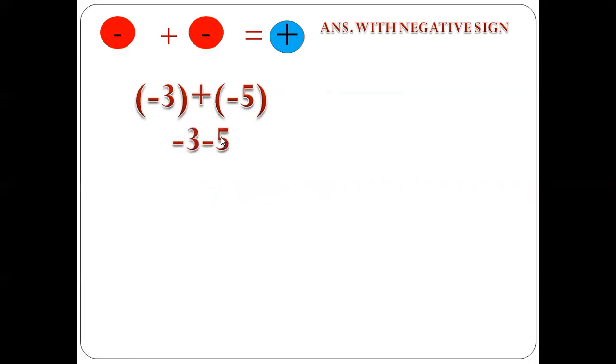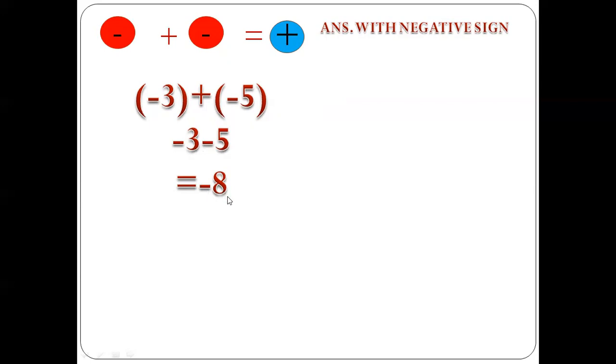If we remove the plus sign, it will be negative 3 and negative 5. Now what we will do is add them. After adding, you can see that 3 plus 5 is equal to 8, and we'll put the negative sign. So negative 8 will be the answer.